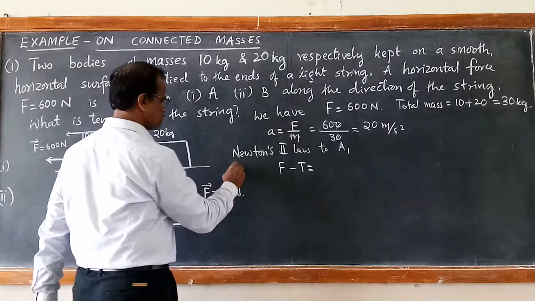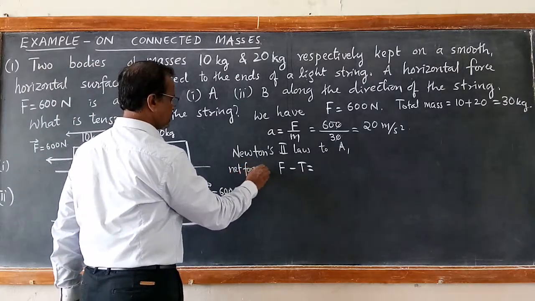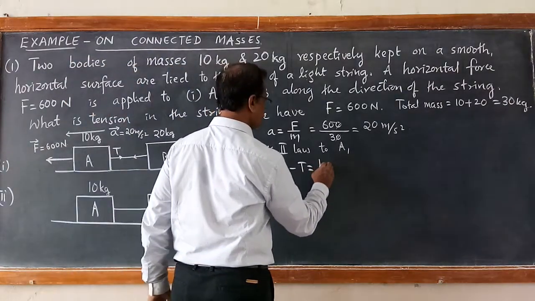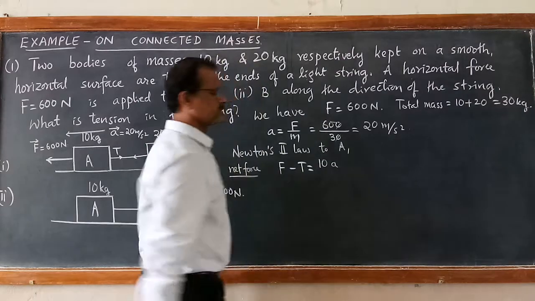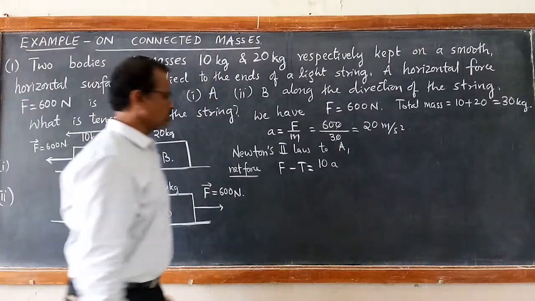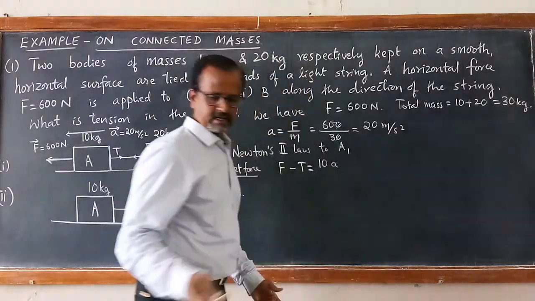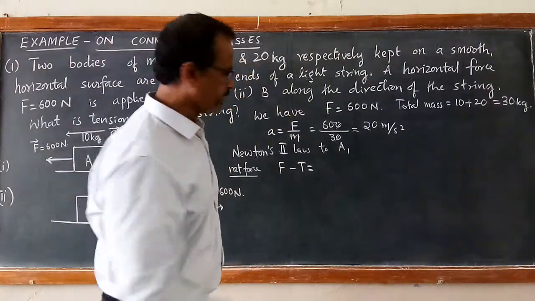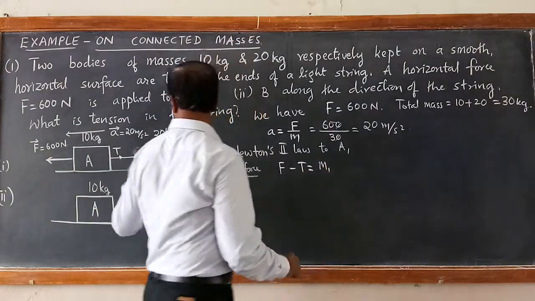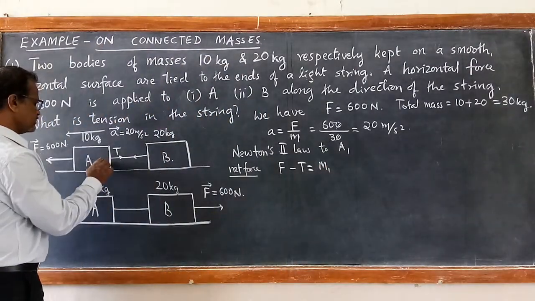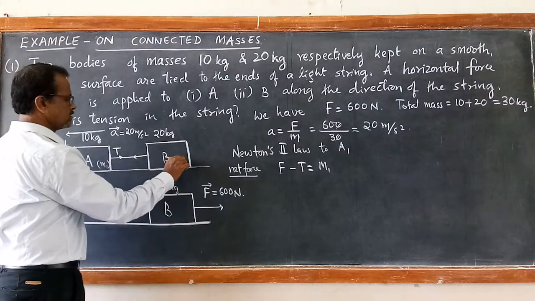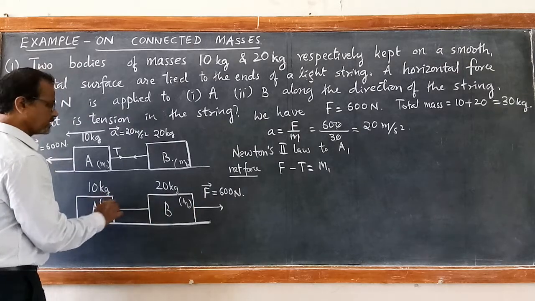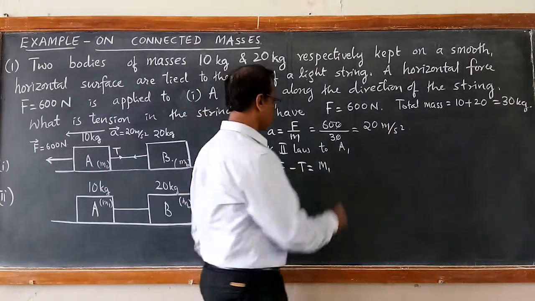So net force F minus T is equal to M into A. Here you can take m1 as 10 kg and m2 as 20 kg, so that I can write the generalized equation F minus T equal to m1 a.